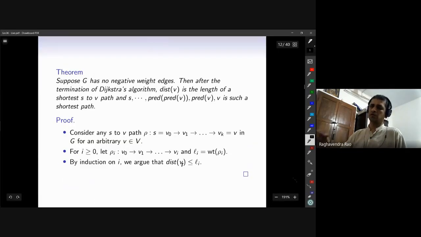So this proves the first part. Now for the second part, any thoughts on how we apply the same argument?